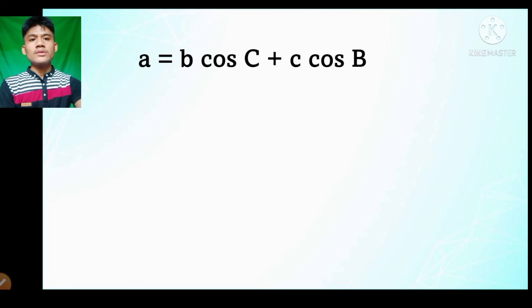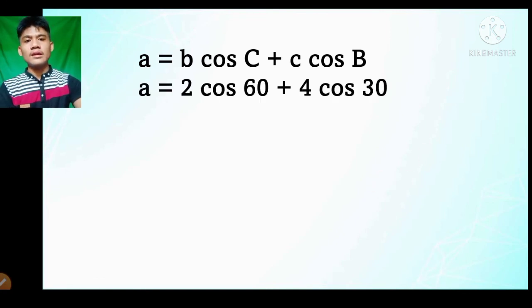So we have a is equal to b cos C plus c cos B, as our given formula to find the missing side a. So a is equal to 2, just substitute the value of b, cosine C, which is 60 degrees, plus 4 cos 30.